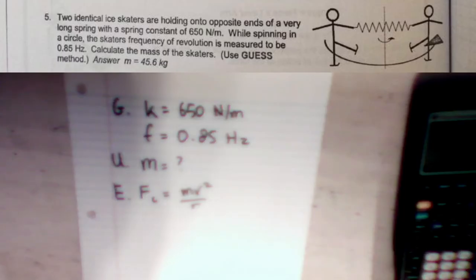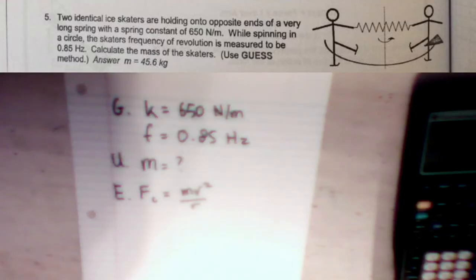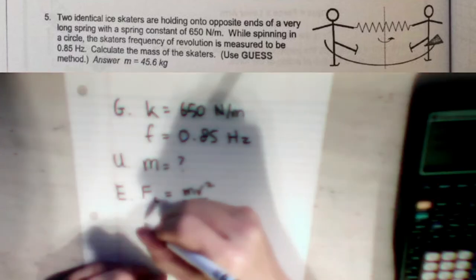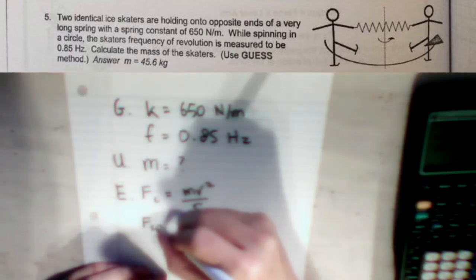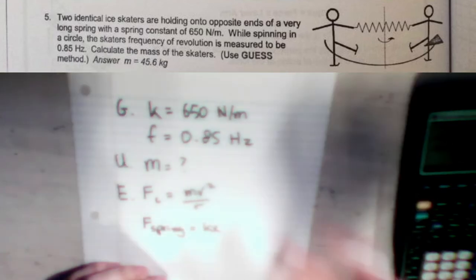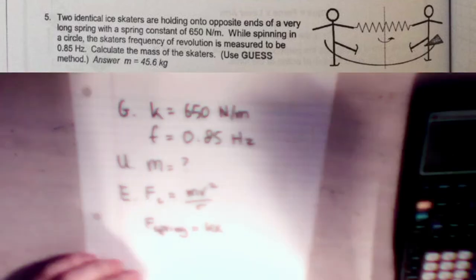So force is equal to kx, where k is the spring constant and x is the amount of stretch, which is essentially the length of the spring at whatever stretch it is. So force of spring is equal to kx. Now these two forces are equal to each other because they're the same thing essentially.